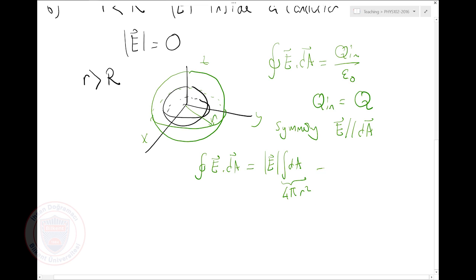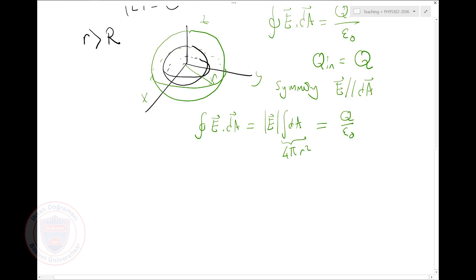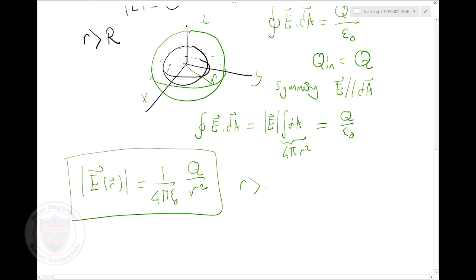So now I can equate this to Q over epsilon 0. Not surprisingly, when I have the spherical charge distribution, electric field is just like the electric field of a point charge. And that is true for r larger than R.